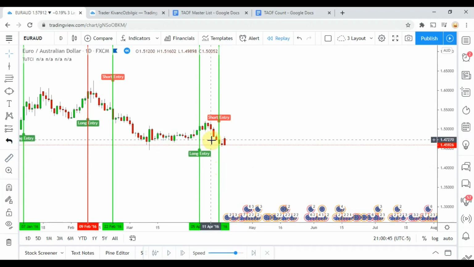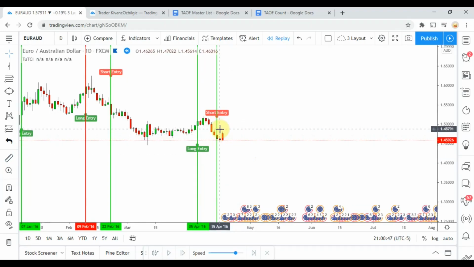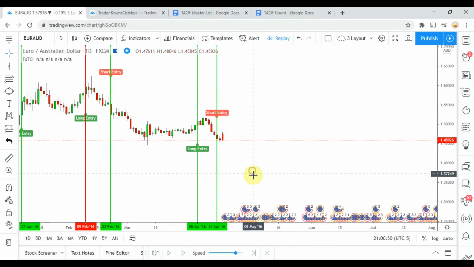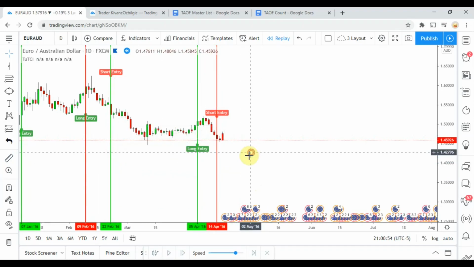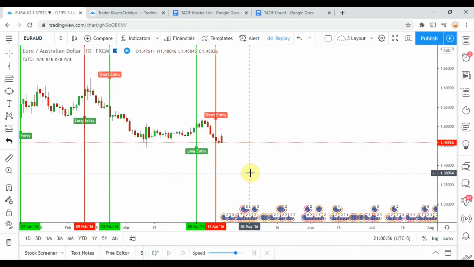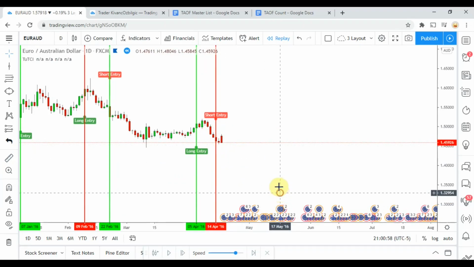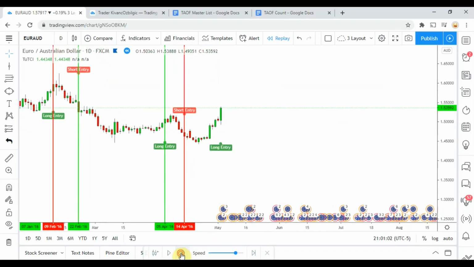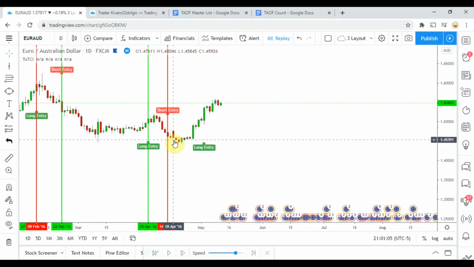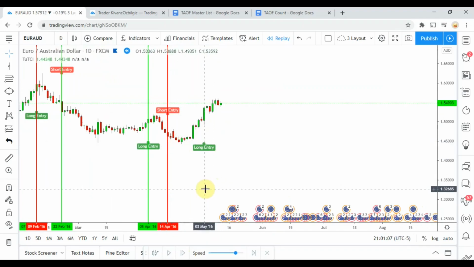And as it did, it definitely would have spiked above our stop and then came back down through it, therefore stopping us out. That is just an unfortunate coincidence that there was a gap there that stopped us out of that particular one. Otherwise, that would have gotten us to take profit.